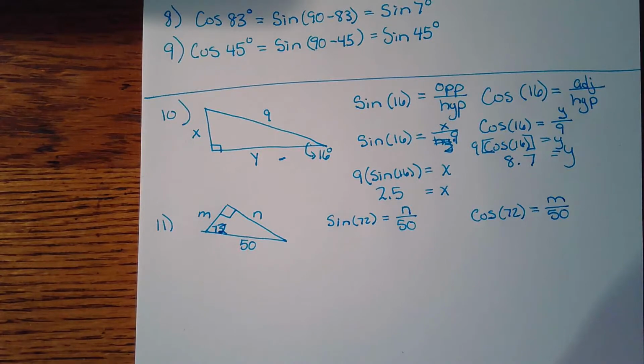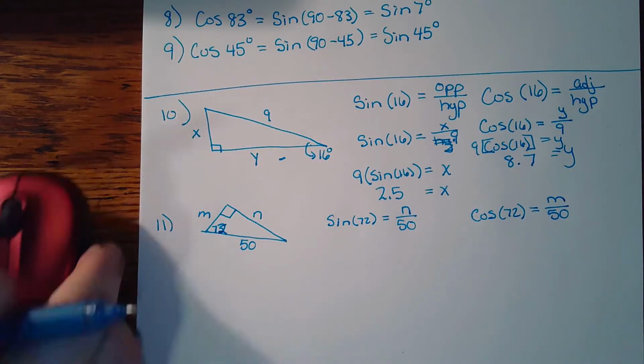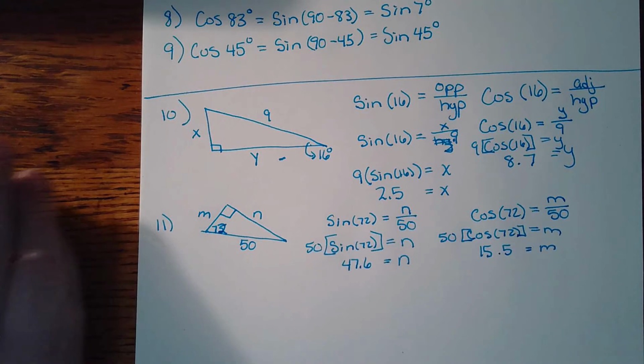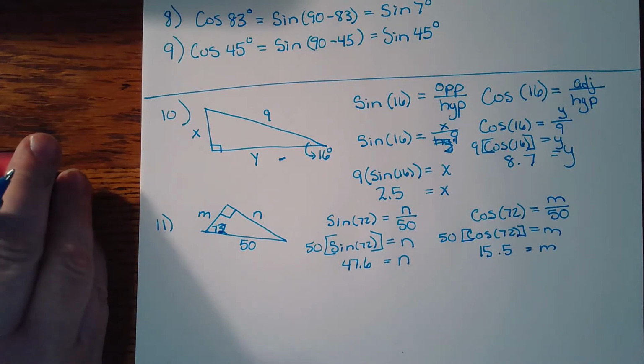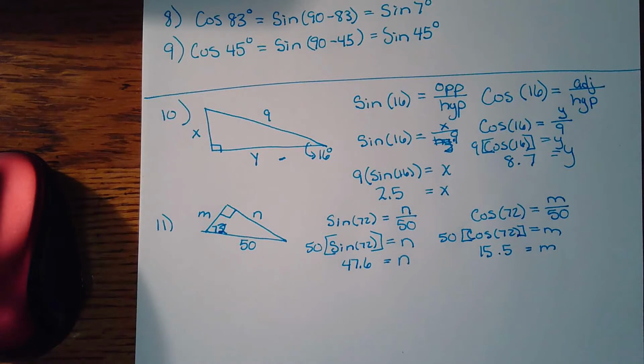Pause it, and then we will come back and finish that. Okay, so I hope you've paused it. This is what you should get for number 11. If you didn't get that, then I need you to go back and re-look at the content you've done. All right, so now we're going to do 12 and 13.